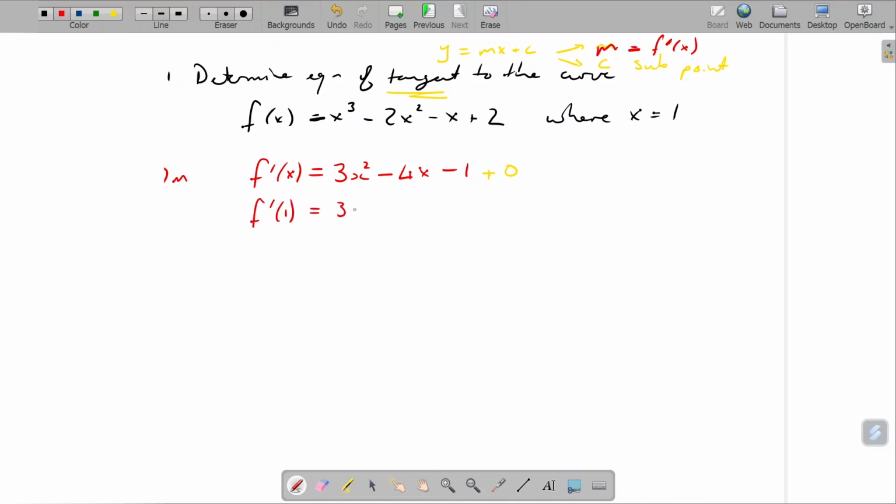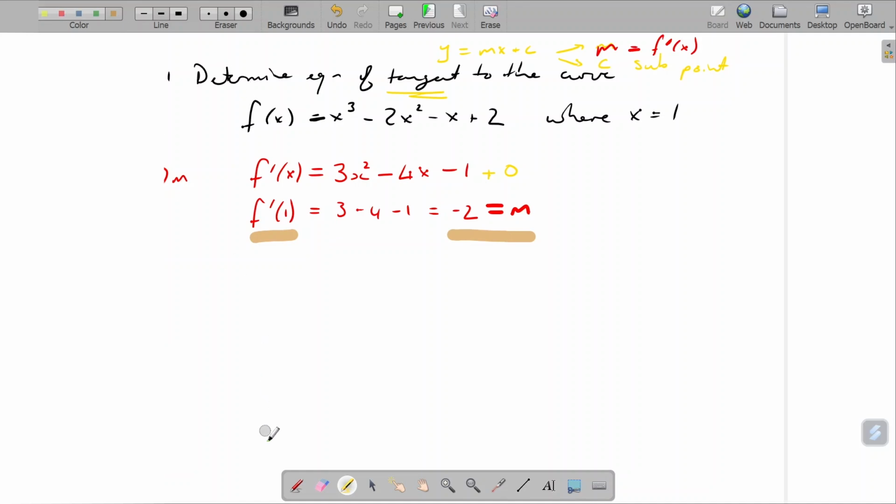So we're going to get 3 minus 4 minus 1, which equals minus 2. And the key to that is that this value equals m. So again, stressing it, this is the key: f prime of 1, at the point x equals 1, equals minus 2.